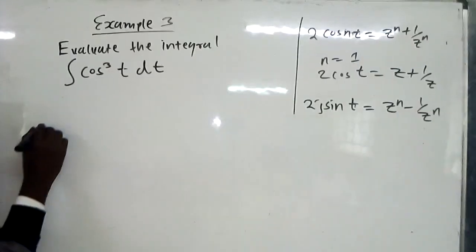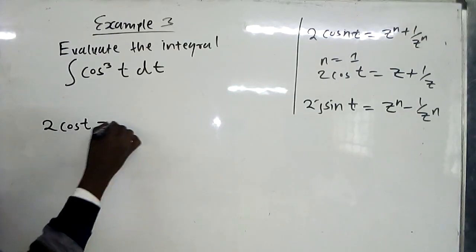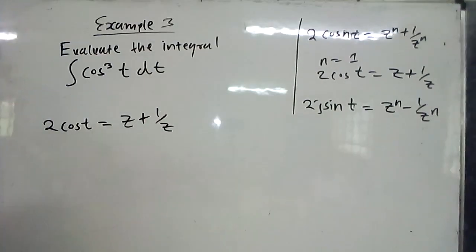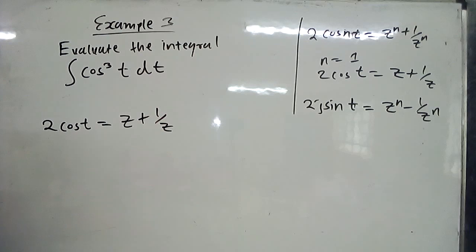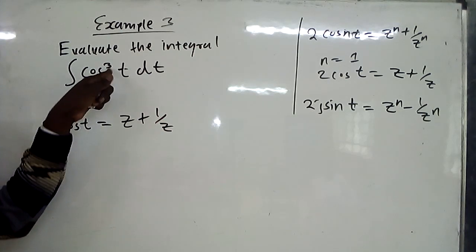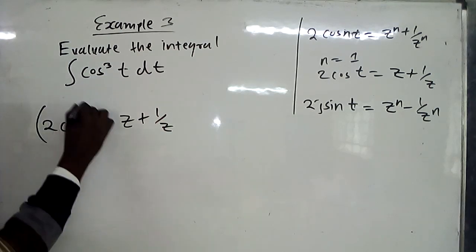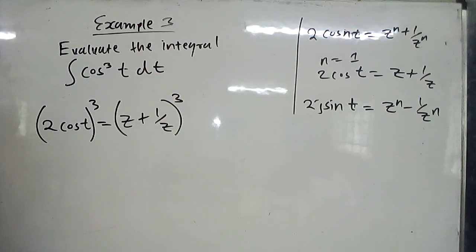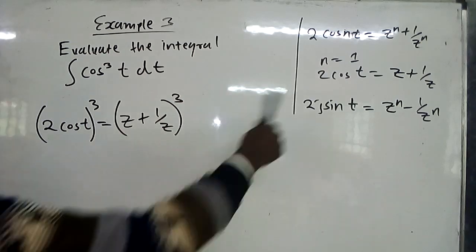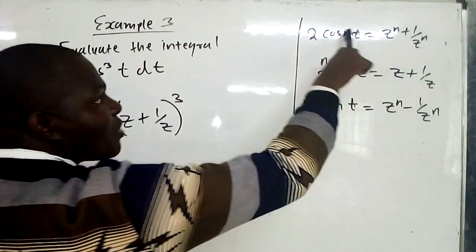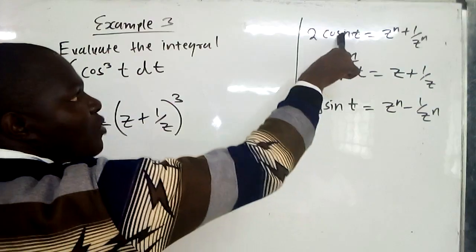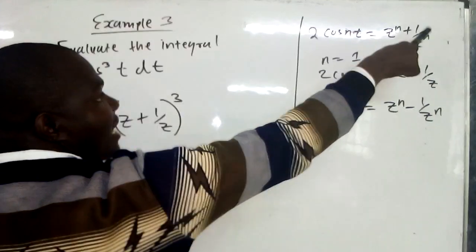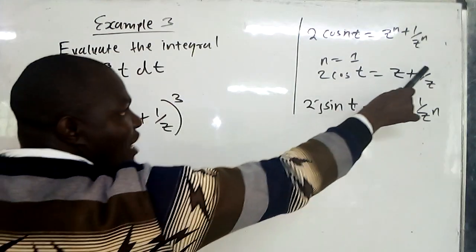So we've seen there we have 2 cos t is equal to z plus 1 over z, isn't it? But we want cos t raised to power 3, meaning we raise both sides of the equation to power 3. Because we've seen here 2 cos t is z plus 1 over z, because where there is n, when n is 1, we remain with z to power 1, which is z.